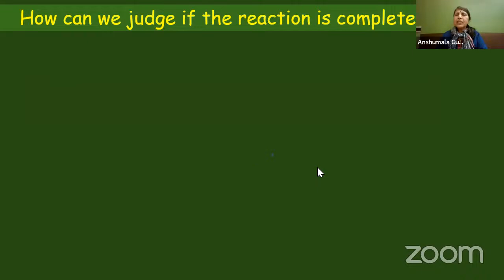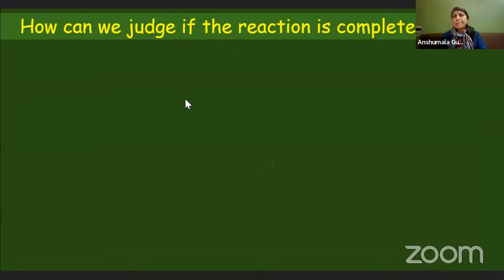How do we judge if the reaction is complete or not? You tell me. What are the ways you can judge? From the quantity of iron left using the magnet you have shown, ma'am. Yes. So one is by checking with a magnet. What else will show us? Color. Yeah, so change in color. Change in color of what all?